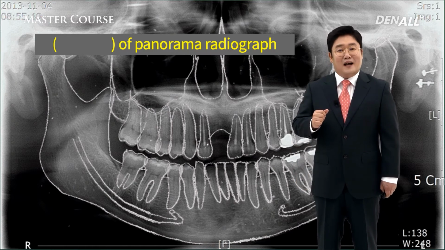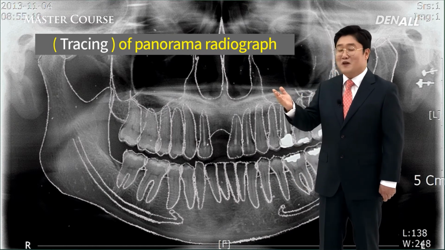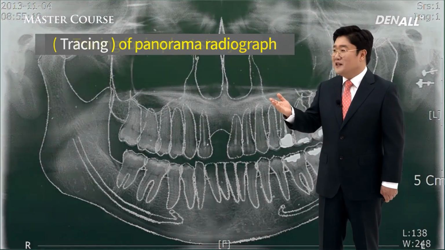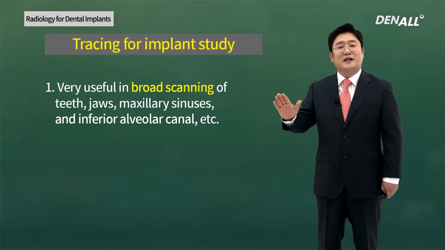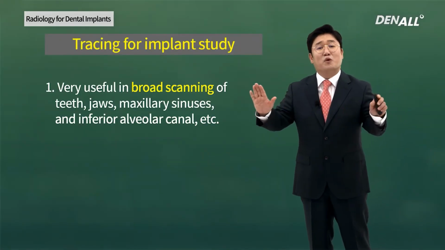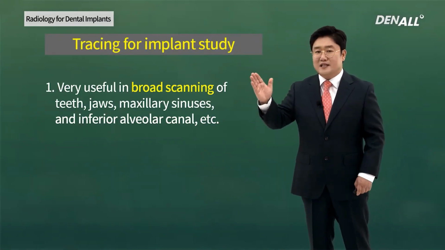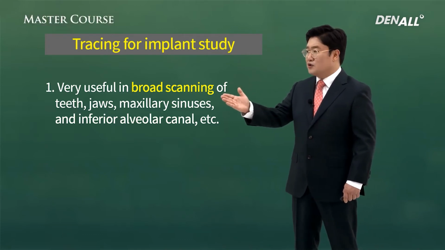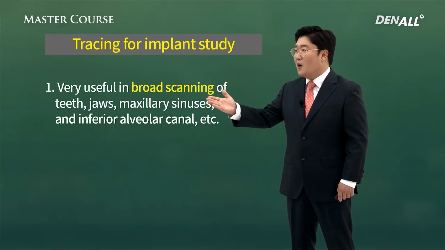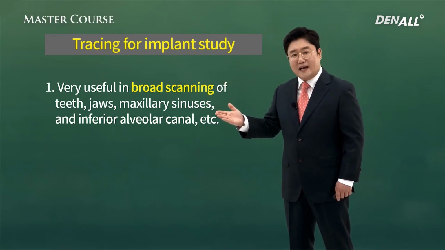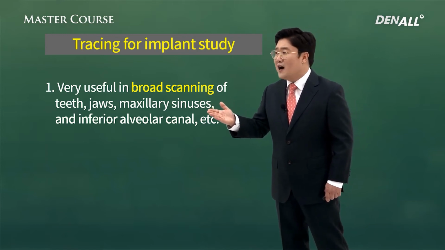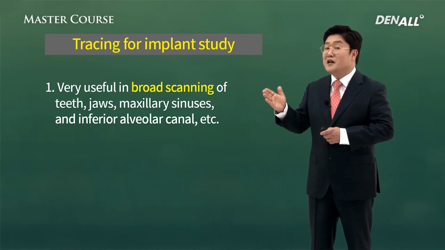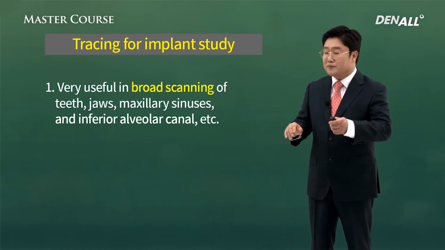It's called tracing of panorama radiograph. Through the tracing process, through the broad scanning results from panorama, we could identify teeth, jaws, maxillary sinuses, and inferior alveolar canal. The locations were identified, or relative relations were identified as well.